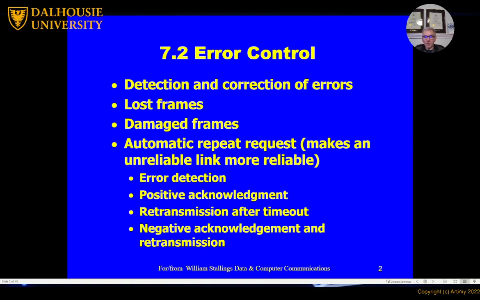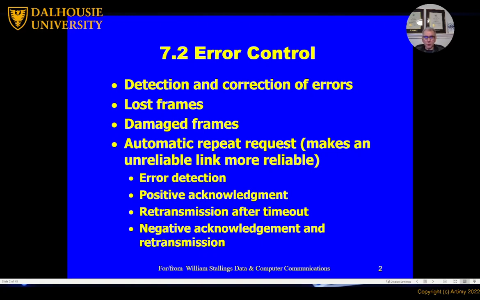So we rely more on correction. Also, even on planet Earth, we have situations where it's a lot easier to correct an error than to ask for retransmission. So we will see in some protocols, probably even in this course, that we use error correction rather than retransmission.